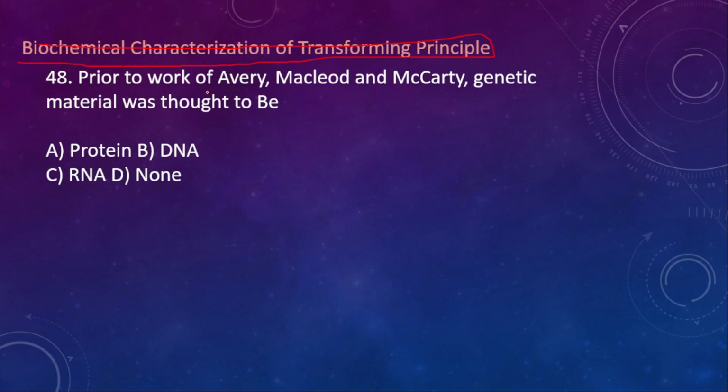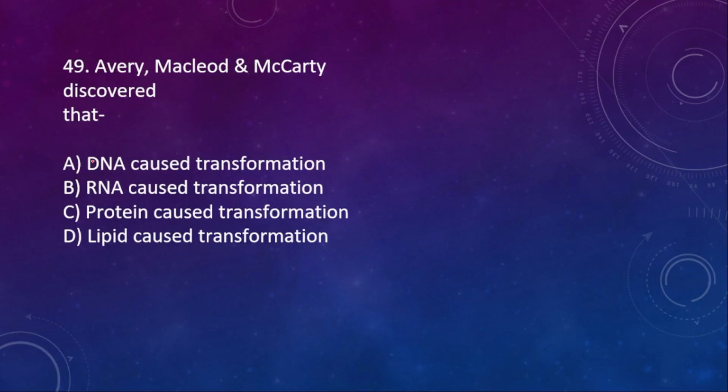48. Prior to the work of Avery, MacLeod and McCarty, genetic material was thought to be protein. Before the discovery that DNA is the genetic material, we thought that protein was the genetic material. Next, 49.